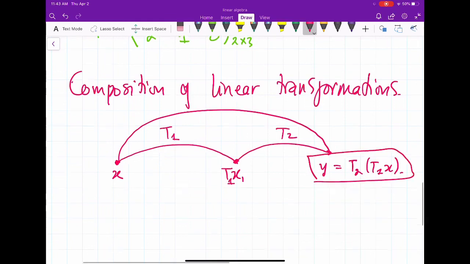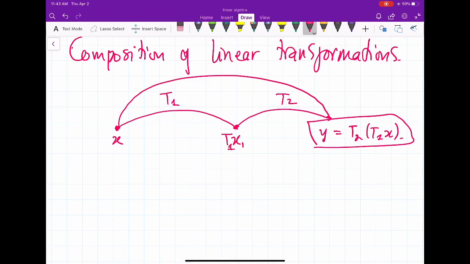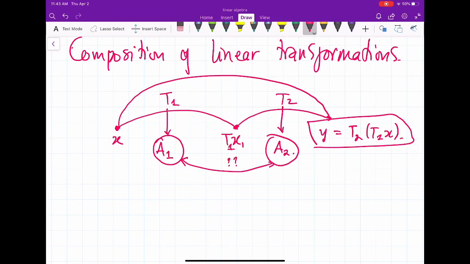Okay, so we just saw that for T1 you have A1. Okay, for T2 you also have A2. The question is, can we use A1, A2 to create the composition of these two linear transformations? The answer is yes. And how?